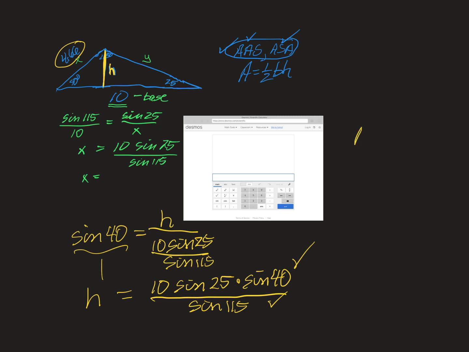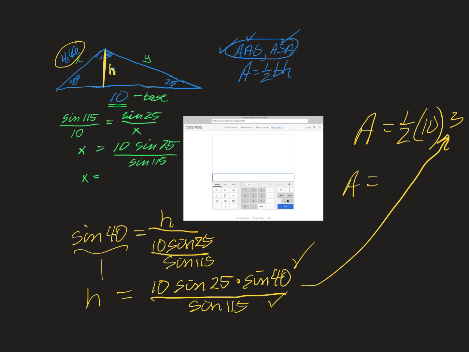At this point, we can find the area. It's 1/2 our base, which was 10 from the beginning, times this number, which is approximately 3. Okay, so in our case, A is equal to 1/2 of 30 or 15. All right. However, that's a little bit of round off error, so I can use my answer key for this, for the 3. And so 1/2 times 10 is 5.